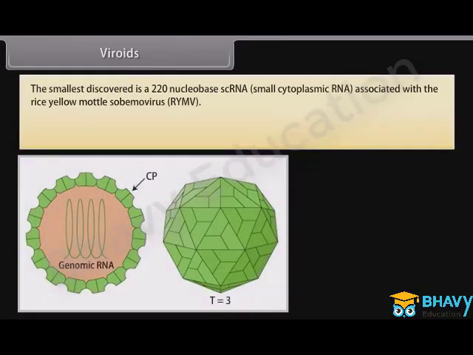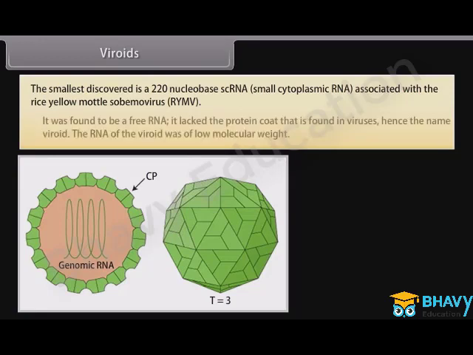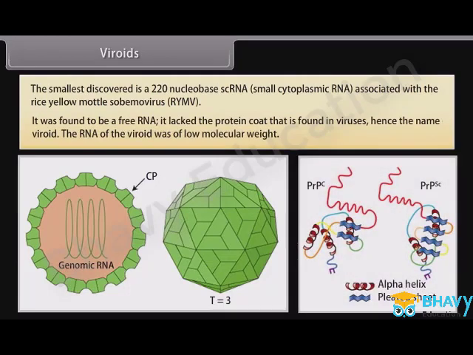The smallest discovered is a 220 nucleobase scRNA, that is, small cytoplasmic RNA, associated with the rice yellow mottle sobemovirus, that is, RYMV.